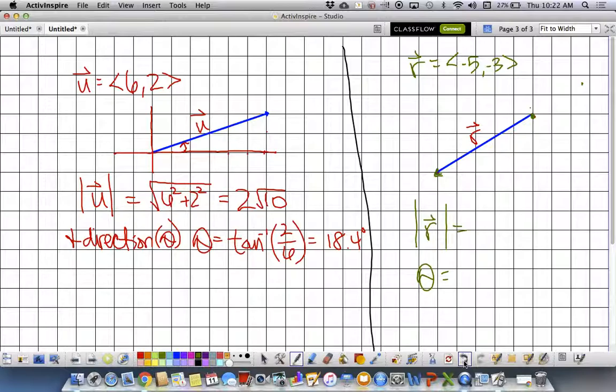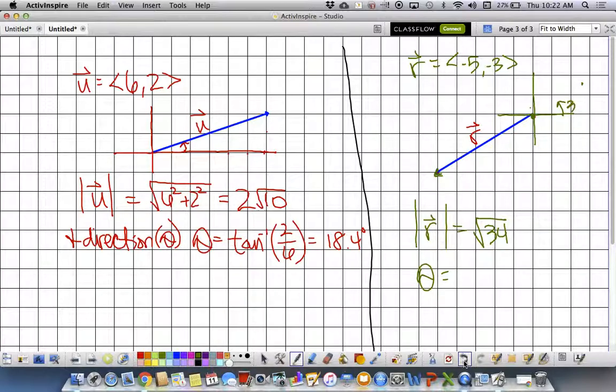So what did you get, Molly? We all get square root of 34. Yes. Okay. Direction. What did it give you for direction? 31 degrees. Does that make sense? No, it doesn't. Because it's in the third quadrant. So just add 180.